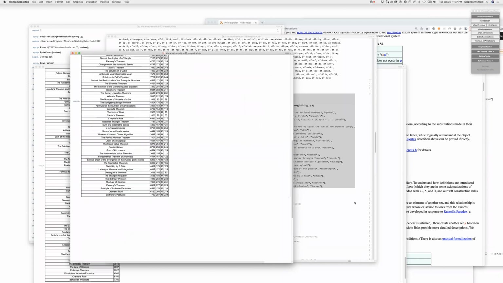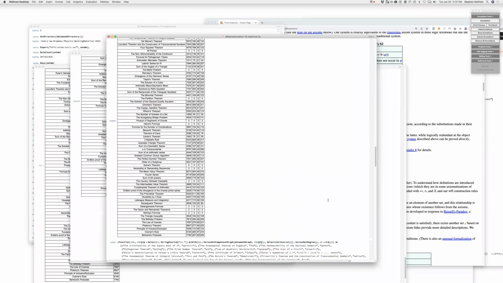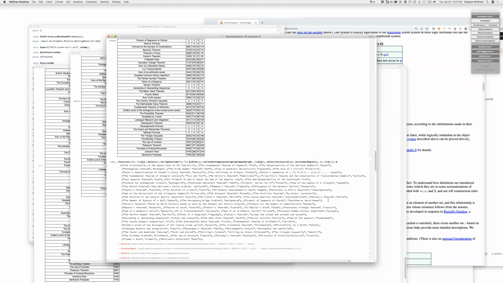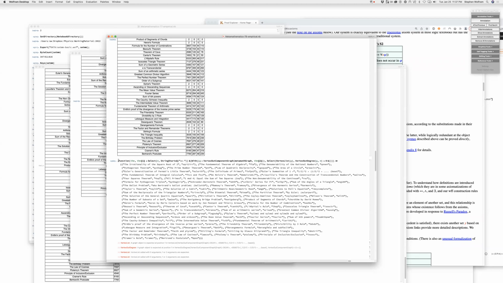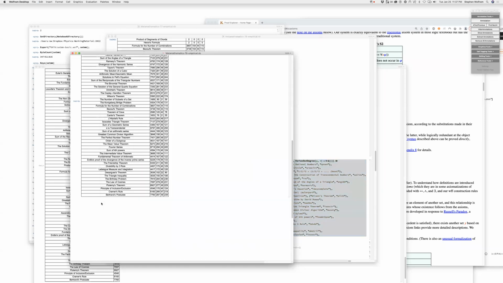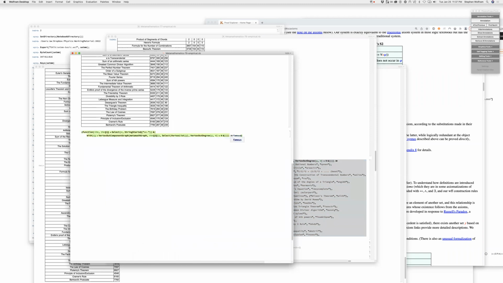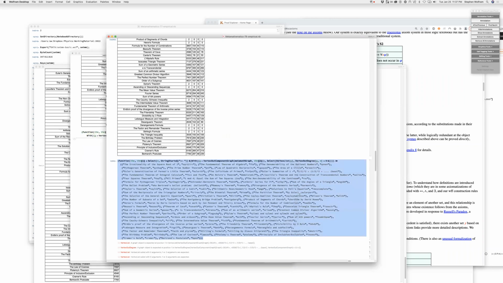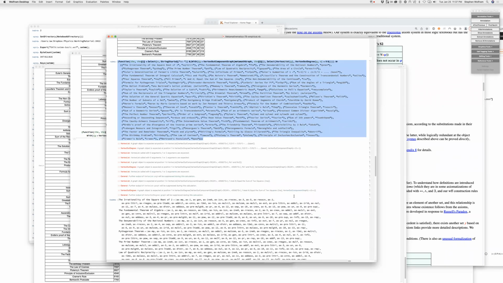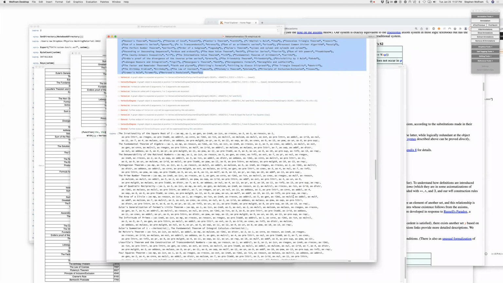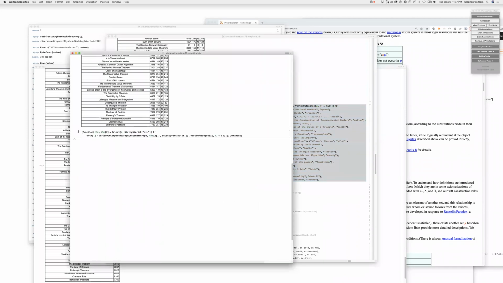Okay, so now what we want to do is we find here, this is now for each one, is that just axioms? Yes. Axiom depths.